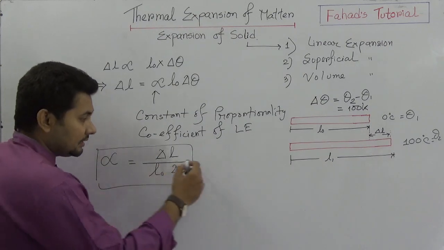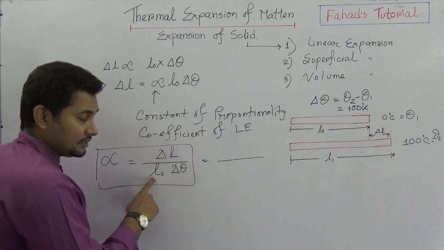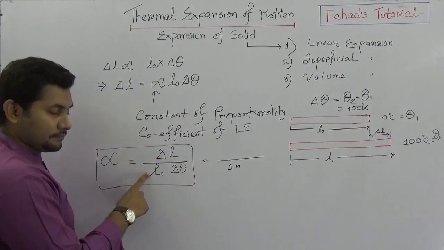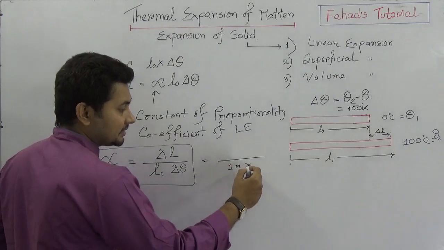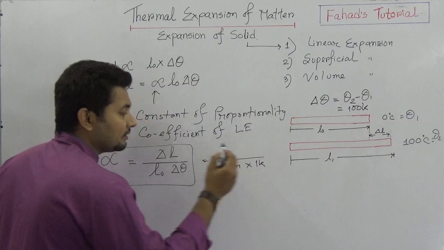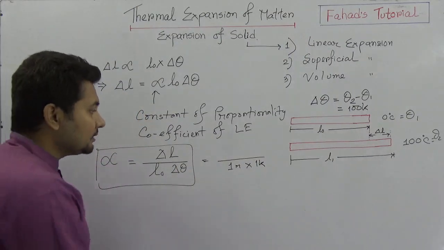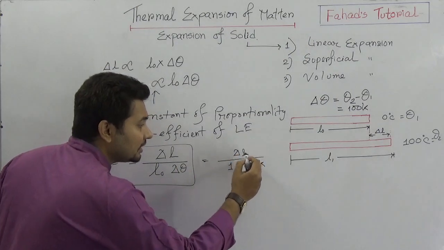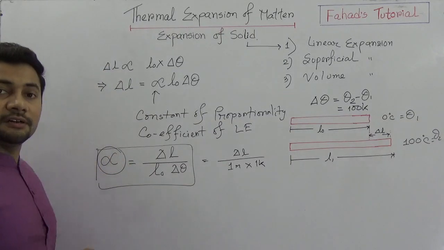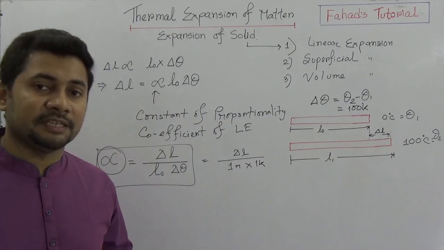It means that if this L naught is 1 meter, and del theta, the change of temperature, is only 1 Kelvin, then the amount of change in length is the coefficient of linear expansion of that material.